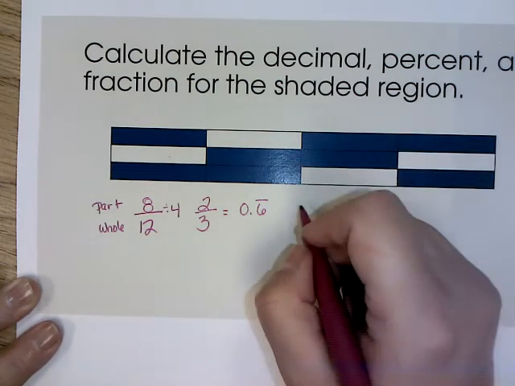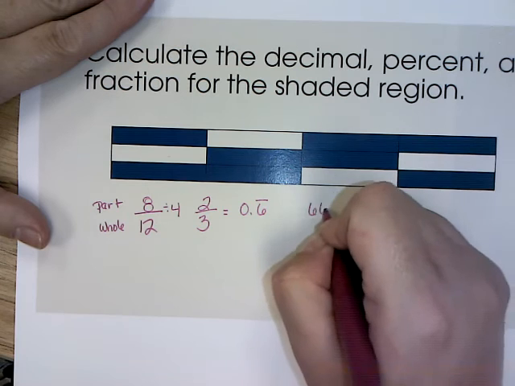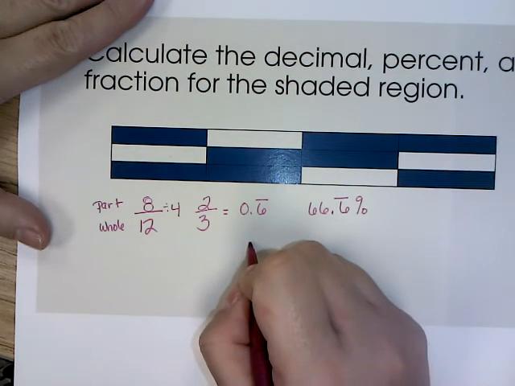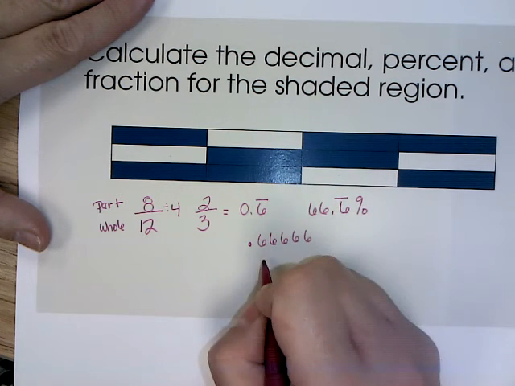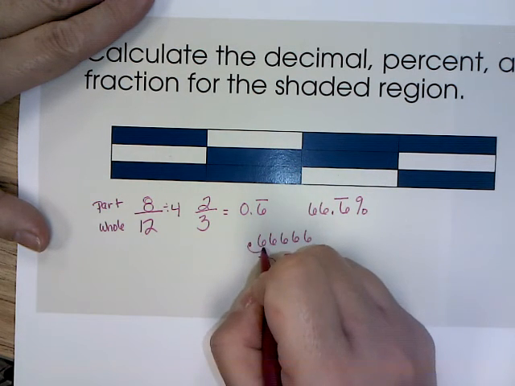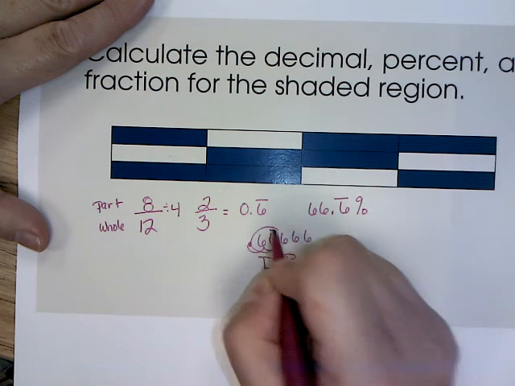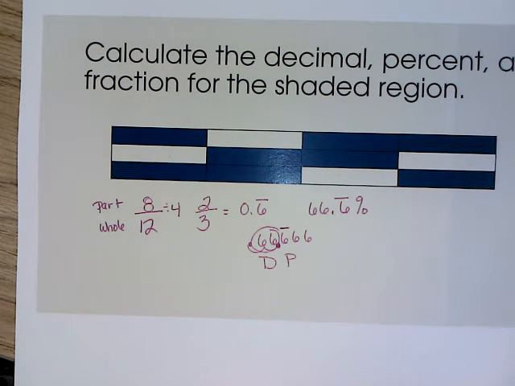Here's my percent. My percent is going to be 66.6 repeated percent, because my decimal is going to be on and on and on. D to P, moving twice, once, twice, gives me 66 up top, and those 6's are going to repeat, so that's where I need my repeat sign from.